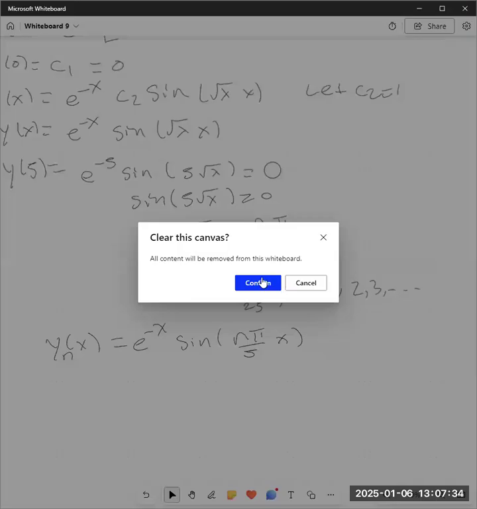Moving right along to number 17. It's going to be a Cauchy-Euler equation. Okay.